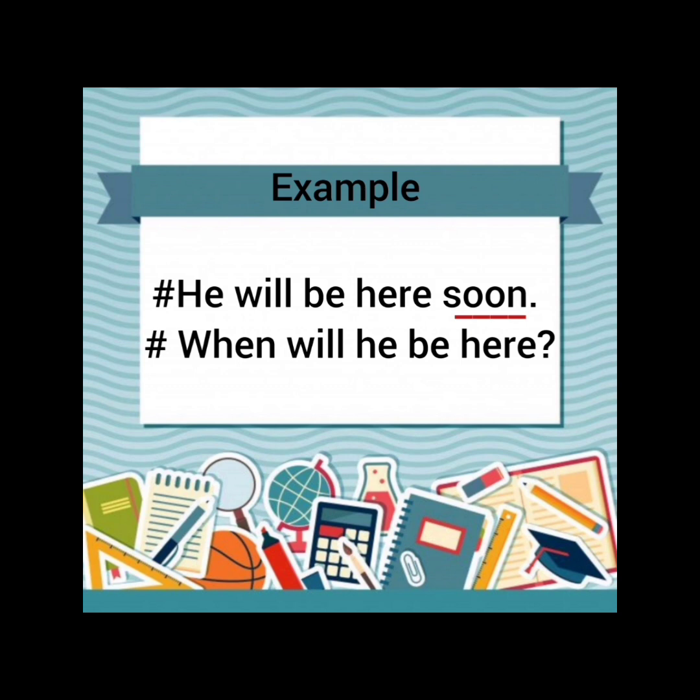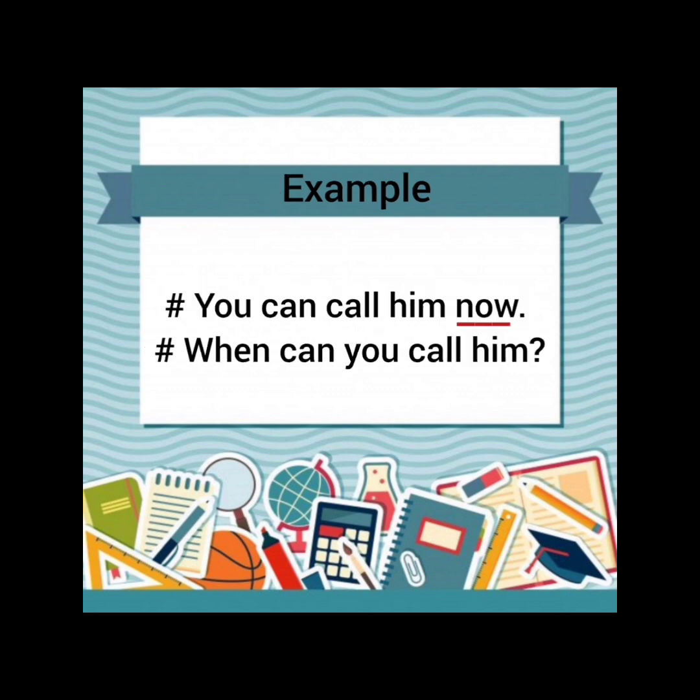He will be here soon. Now, when will he be here? So, the answer is soon. You can call him now. And the question can be, when can you call him? The purpose of making questions out of these sentences is to help you understand how the statements answer the question when.